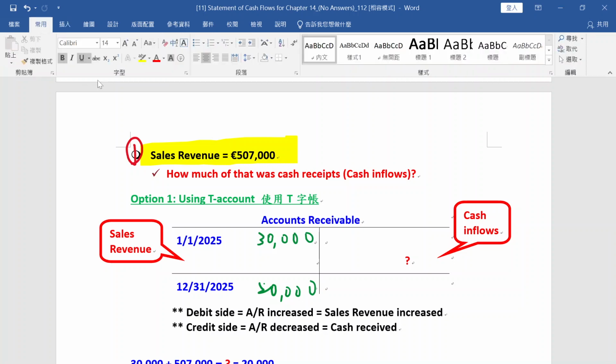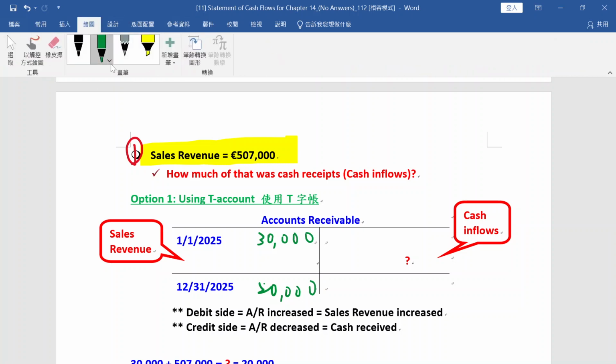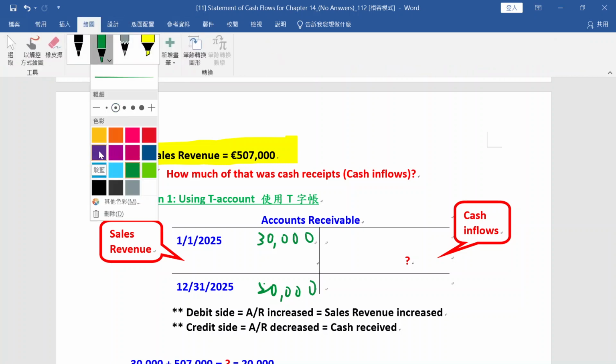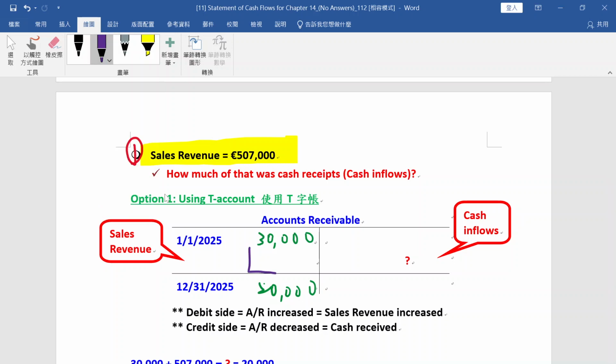Okay. So what's the reason your accounts receivable increase? When you sold products on the account, right? On the account means they didn't pay the money.